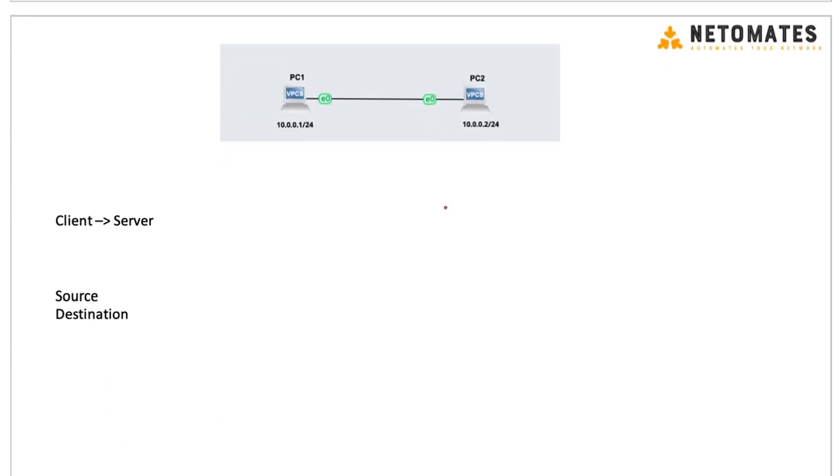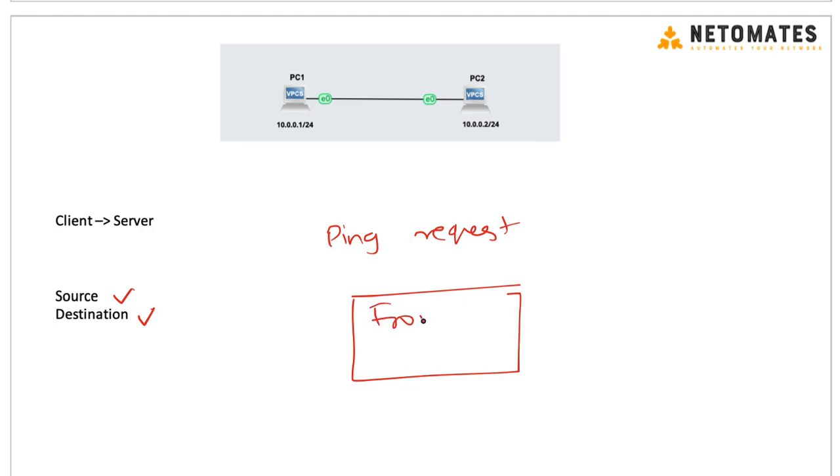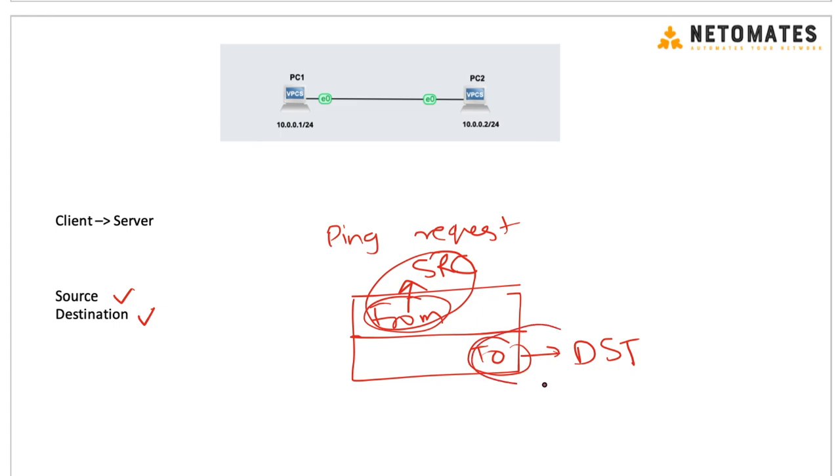So let's learn about some terminology. Instead of from and to address, in computer networking we use source and destination. When we look at the ping request, we had from and to, right? In computer terminology, from will be source, SRC, and to will be destination. Source is whoever is creating this packet, and destination is where this packet needs to go.